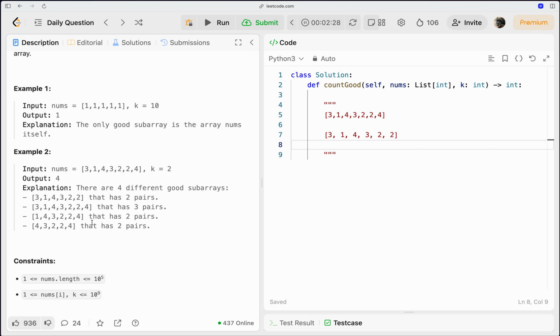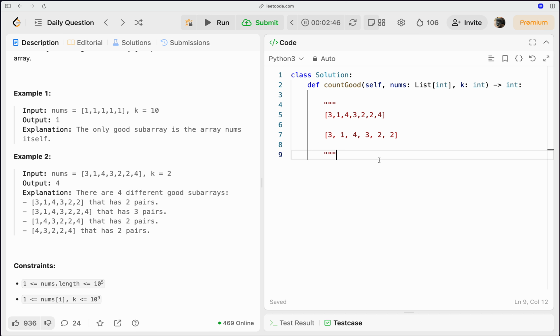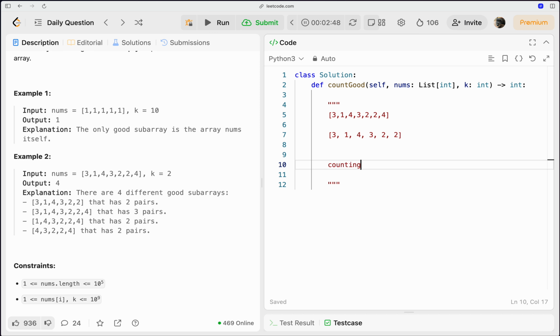And then the 4s and the 2 are the 2 pairs, and then the 4 and the 2 over here. This feels like some sort of frequency counting type problem.